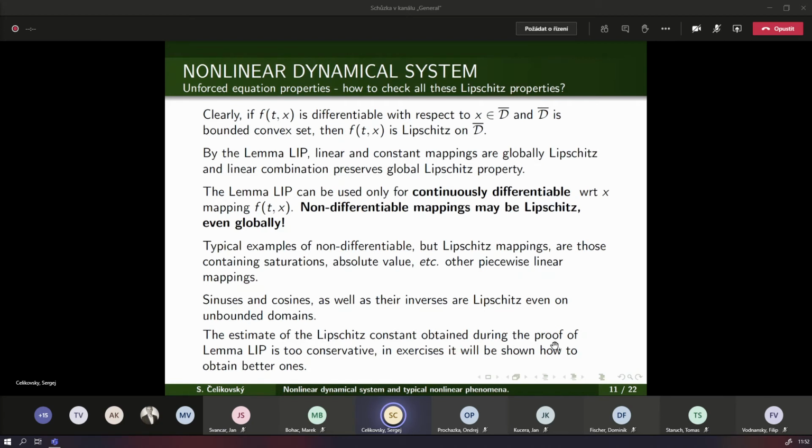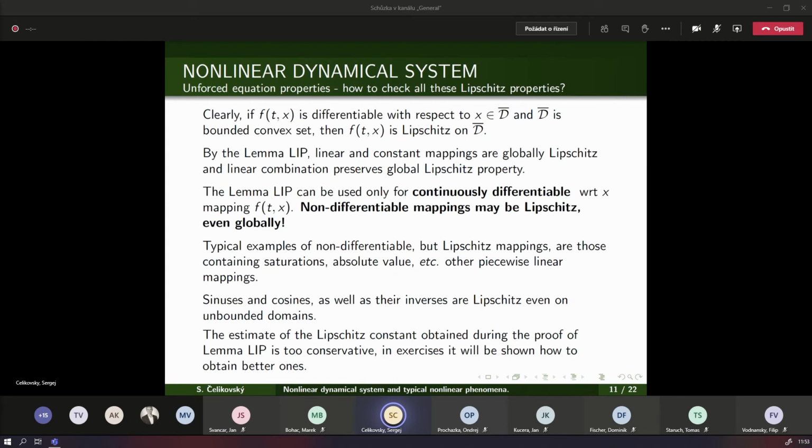And as I already told, this estimate of the Lipschitz constant is too conservative, and there are a few exercises in the Khalil book. The first chapter is written in a really simple way with many examples, and there are some examples of how to determine the Lipschitz constant.